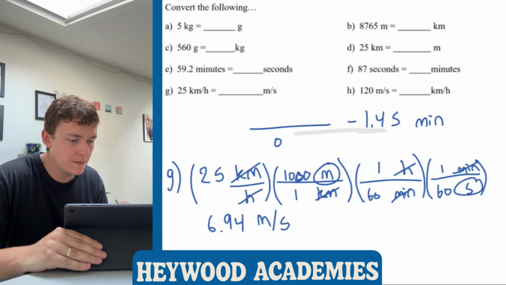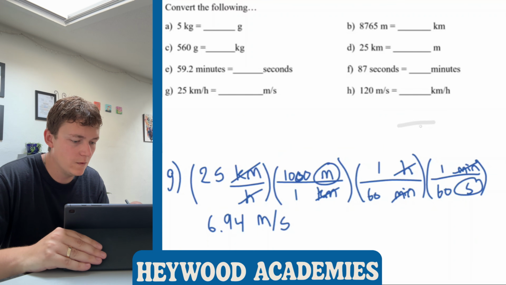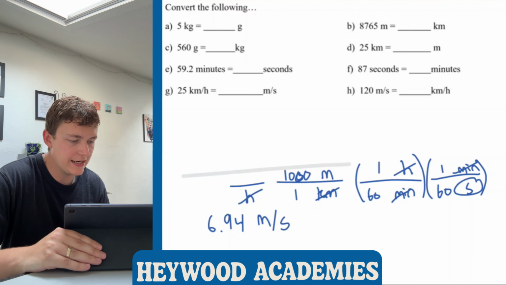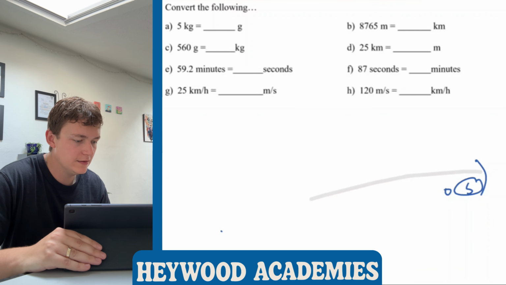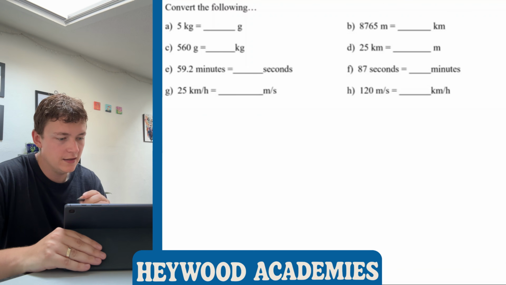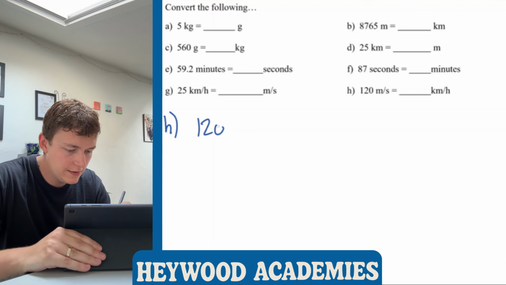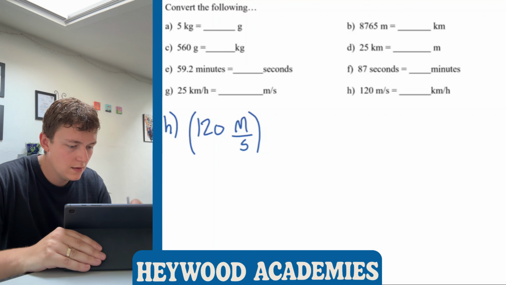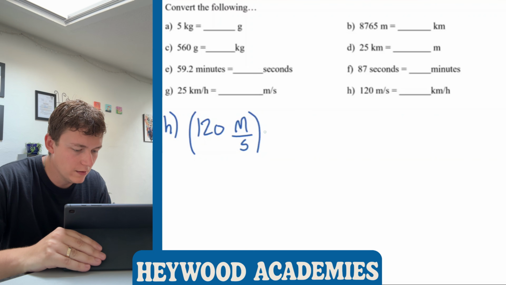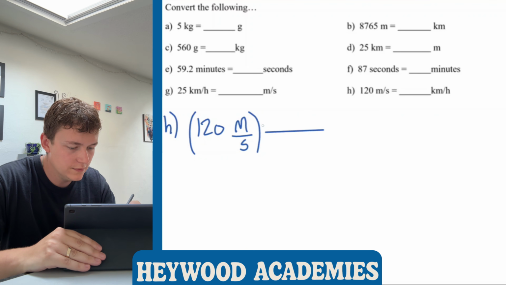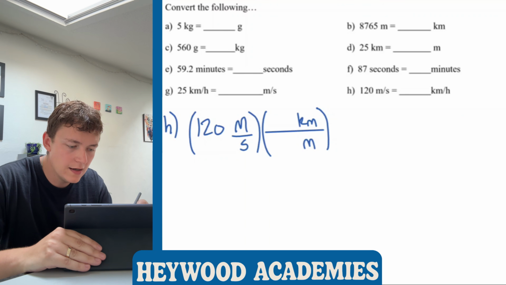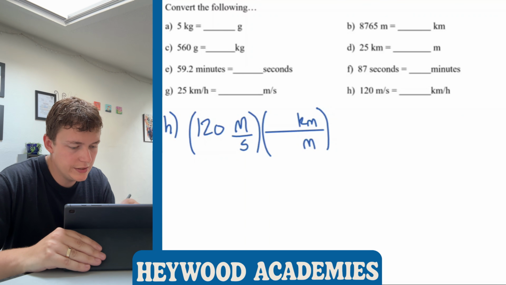Okay, so now we're going to do the same thing, but in the exact opposite order. We're going to go from meters per second to kilometers per hour. So let's try that again, going the other way. So you got 120 meters per second. Okay, let's get the kilometers in there first. Let's put meters on the bottom, kilometers up top, and we want 1 kilometer, 1,000 meters.